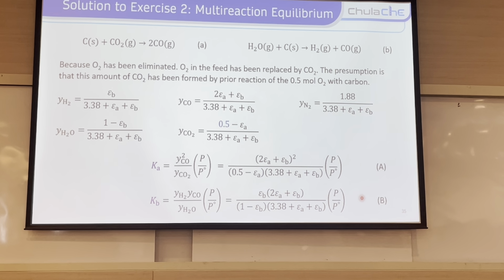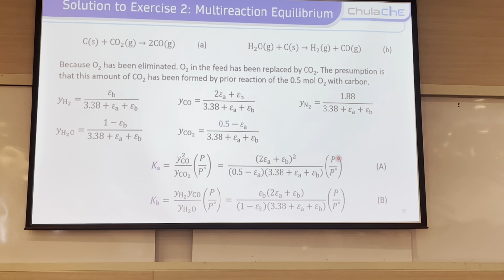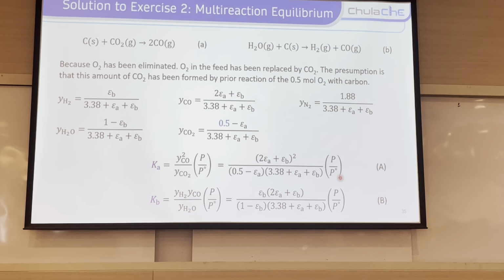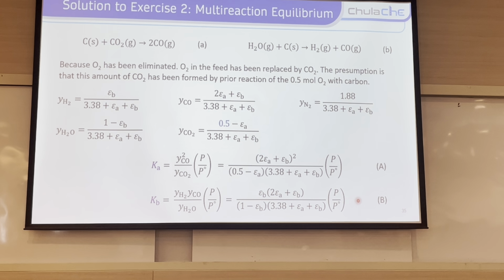Okay. So you can see that if you know the temperature, you can calculate the equilibrium constant for reactions A and B, and you know the pressure. The standard state pressure is equal to 1 bar, and the unknown parameters are epsilon A and epsilon B. You have two equations, so in principle you can solve the equations.